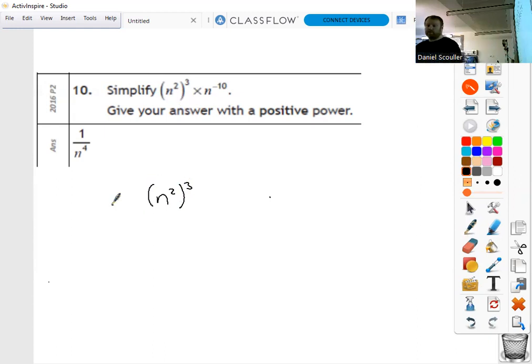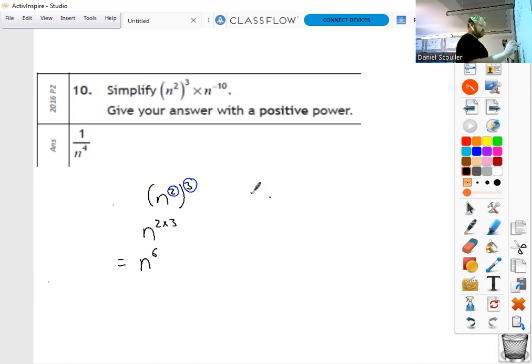This part of the question, what this is telling me to do, with my rules of indices, is that this 2 and this 3 on the outside of the bracket have to multiply together. That part is n to the 2 times 3 to give us n to the power of 6. So that's not the same as when we multiplied it, so n squared plus n cubed.